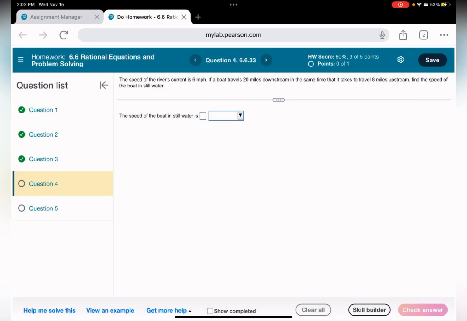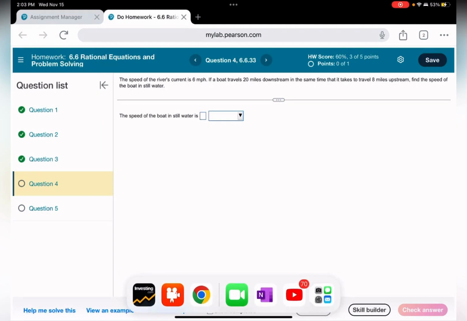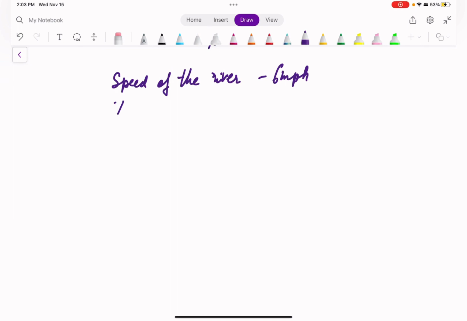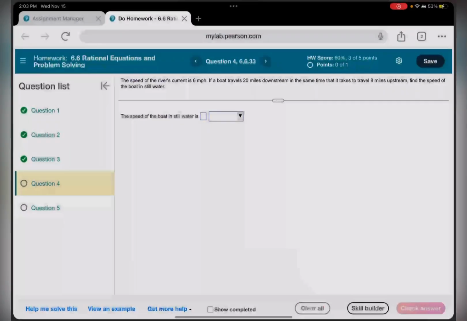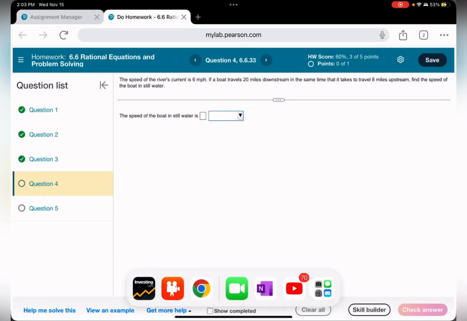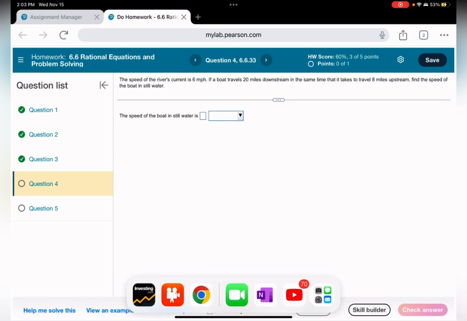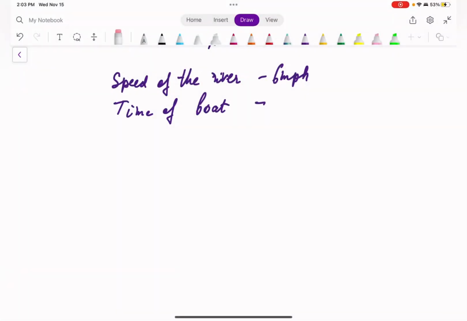If a boat travels 20 miles downstream, okay, time of the boat, 20 miles downstream.